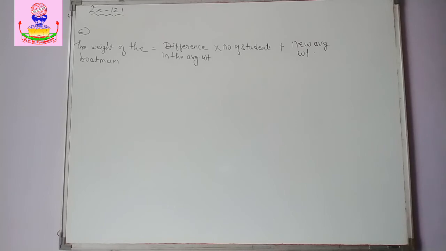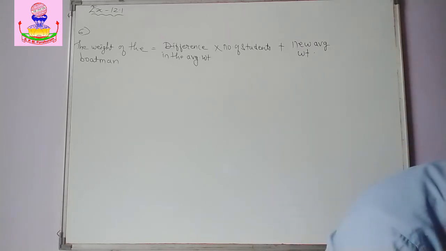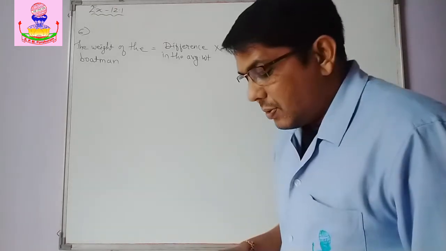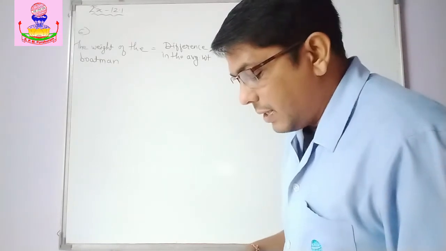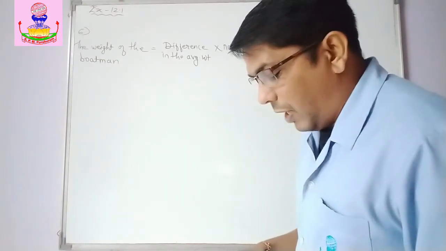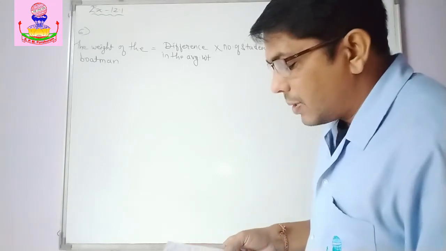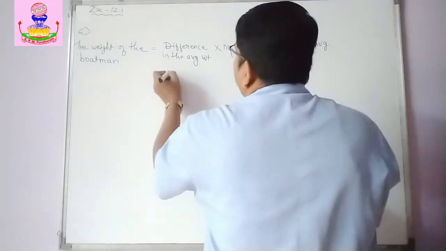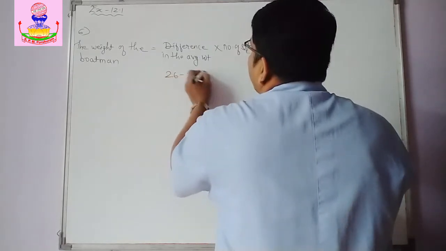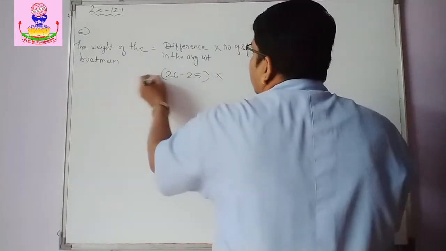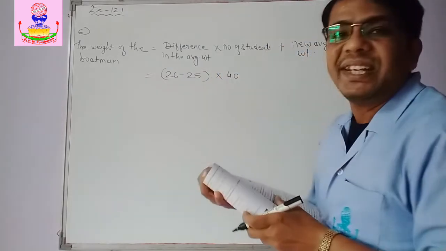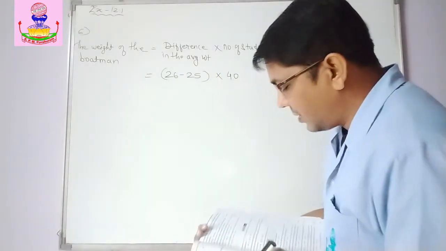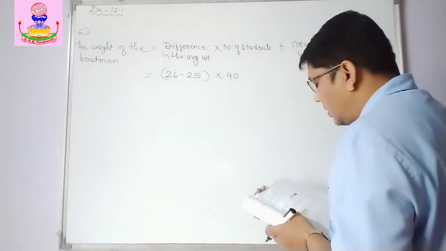Now let us see the difference in the average weight. The first average weight of 40 students is 25, and after the boatman the average weight becomes 26. So 26 minus 25 into number of students. How many students? 40. And plus new average weight.